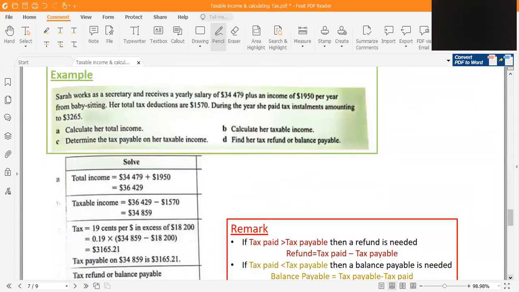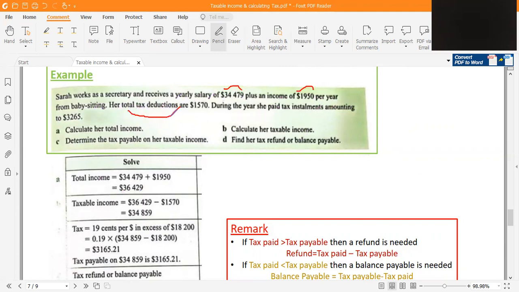In the following exercise example, Sarah works as a secretary and receives a yearly salary of $34,479 plus an income of $1,950 per year from babysitting. So we have two incomes. We can add them to obtain the total income. Then we have a total tax deduction.